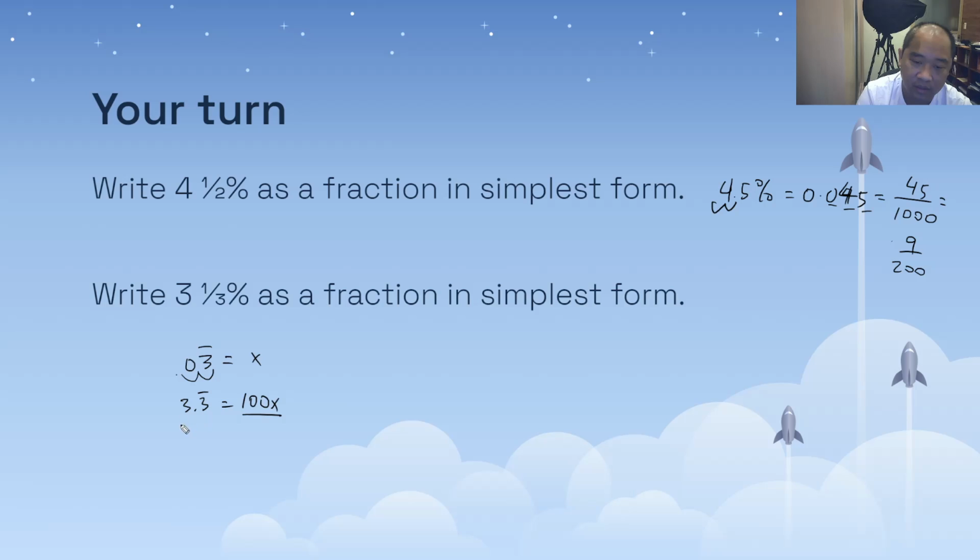And then subtract x on both sides. We need to move this over even one more, don't we? So this is going to be 3.3 equals 99x.